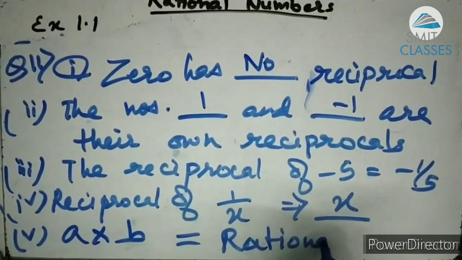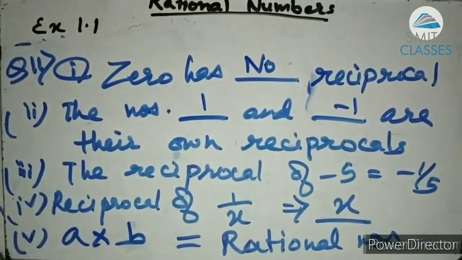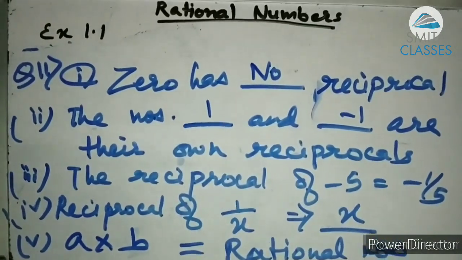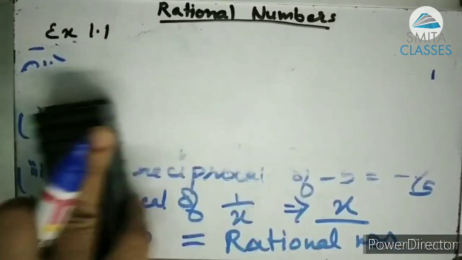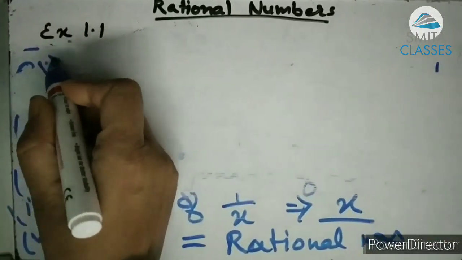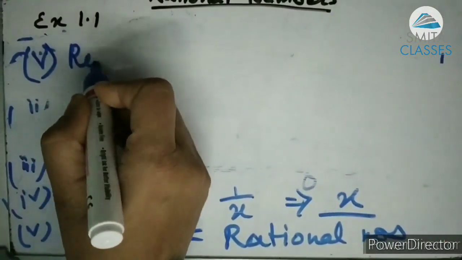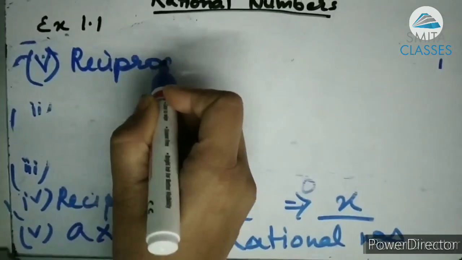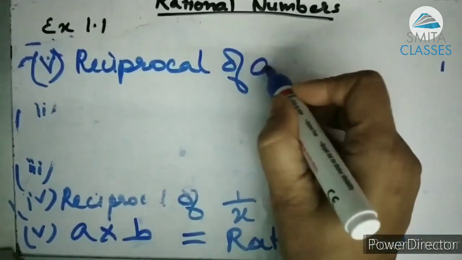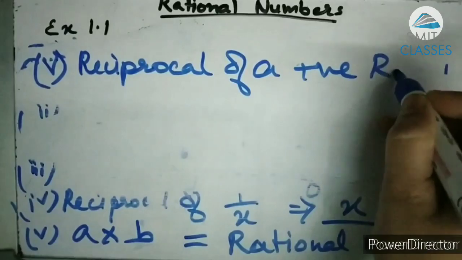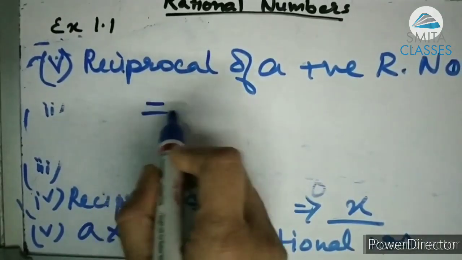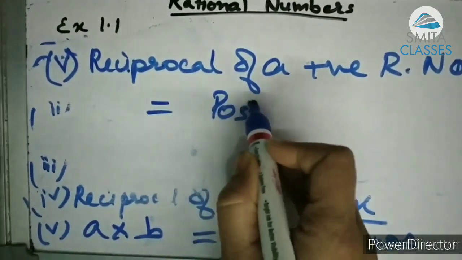The product of two rational numbers is also a rational number. The sixth, the reciprocal of a positive rational number. Naturally, the reciprocal of a positive rational number will also be positive.